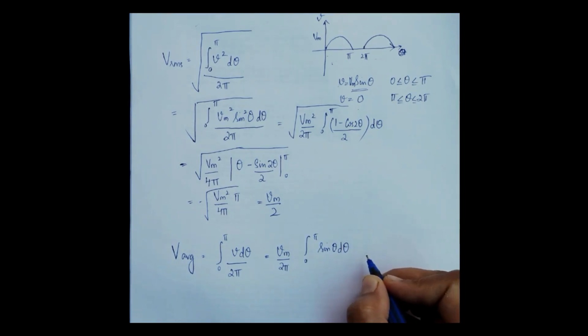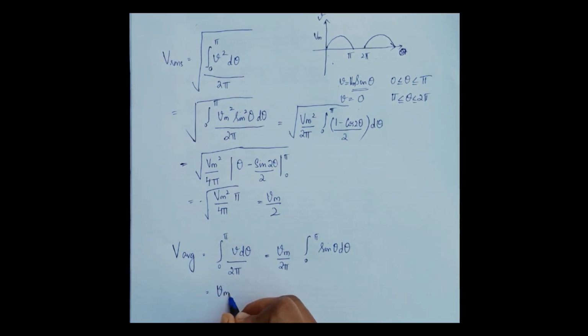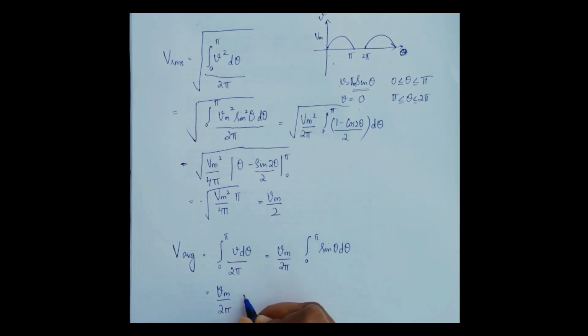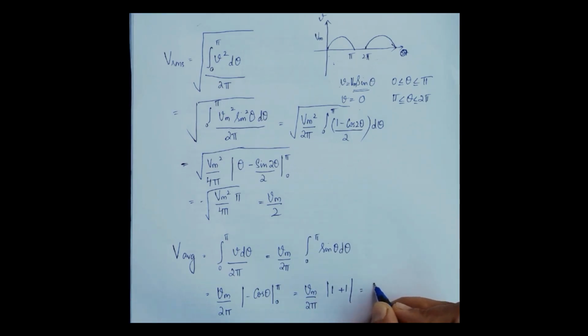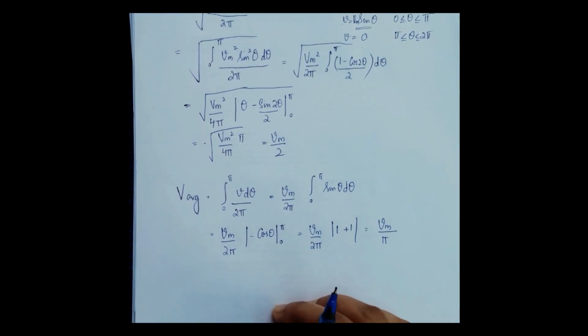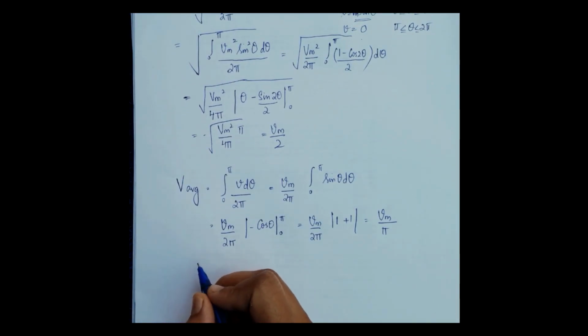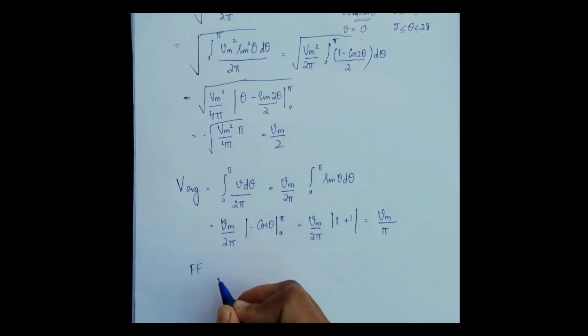I hope you guys understood the difference between half wave and full wave rectified waves. We can use these RMS and average values to find the form factor and the peak factor, which might usually be the question.